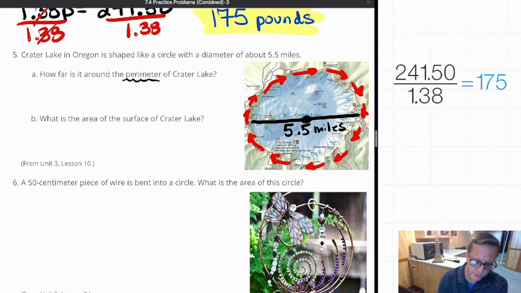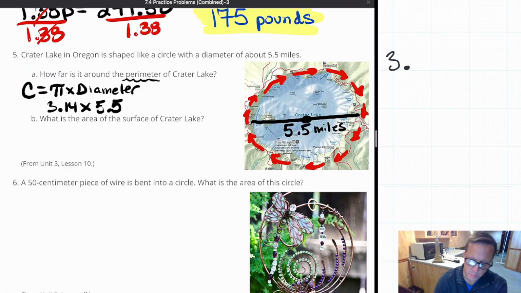So for this one we're going to use the circumference formula, which is circumference equals pi times diameter. For this one we'll use 3.14 times 5.5.